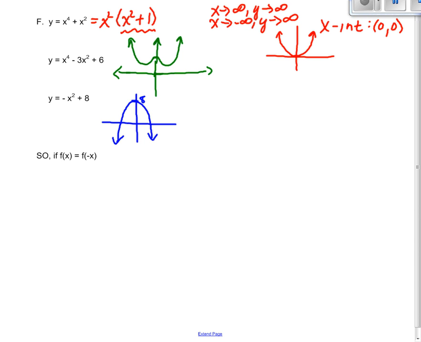Notice that all three of these functions are perfectly balanced, if I could draw a little better, about the y-axis. These are called even functions, not even degree. That's different. These are even functions.